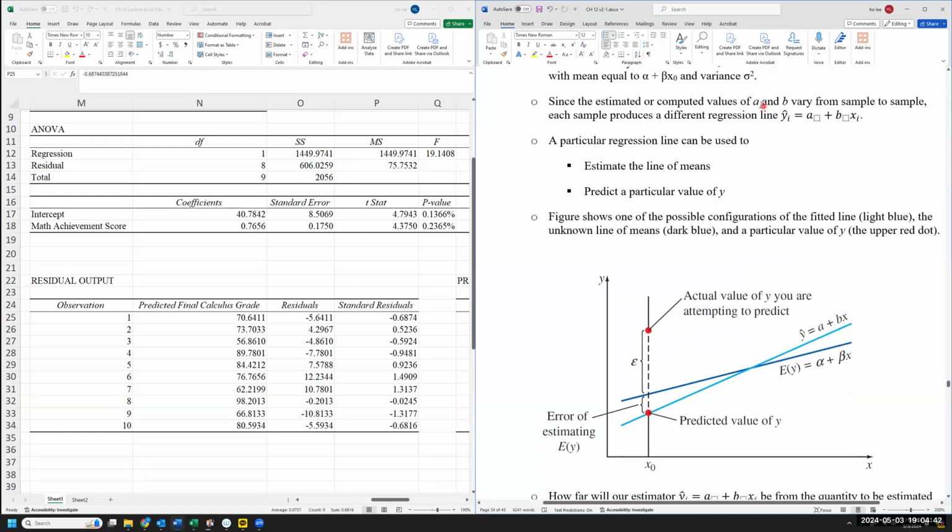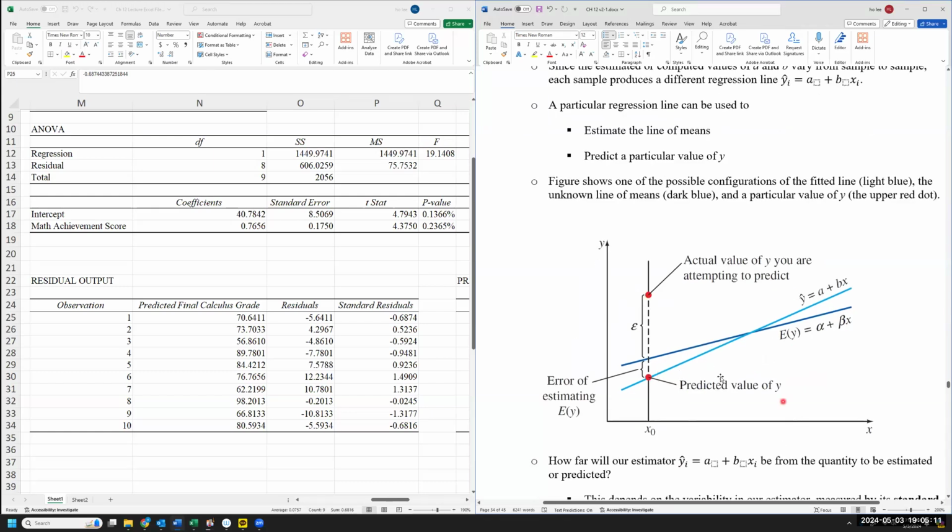And with the estimate of A and B, we get yi hat. Okay. yi hat is our modeled y given our estimate of alpha, which is A, and estimate of beta, which is B. Okay. So if we have some xi, we put in some x value, multiply by B, and add A, we get yi hat.